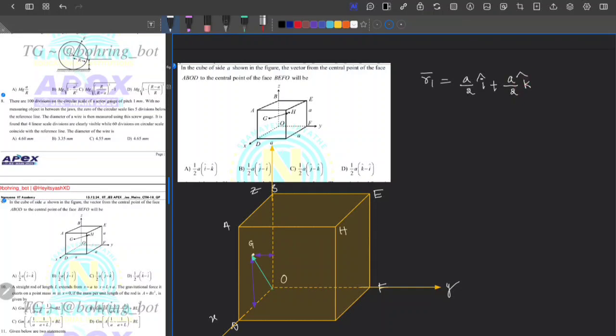And now there is one more point here. Where is it? Somewhere here.